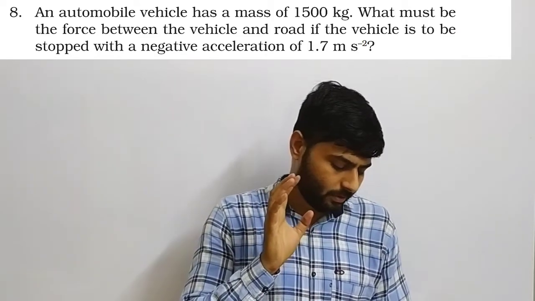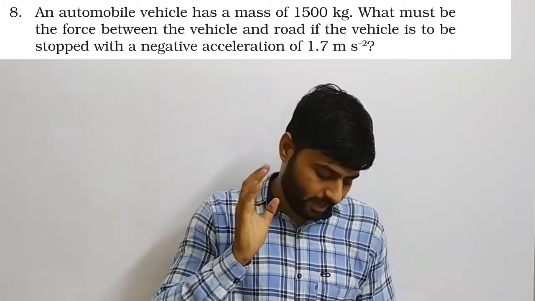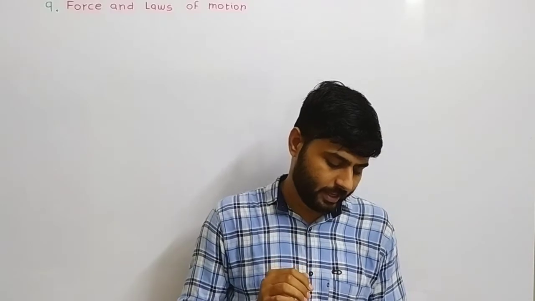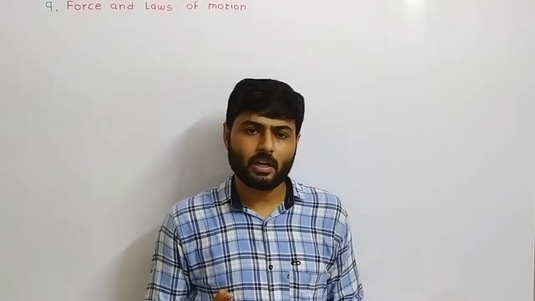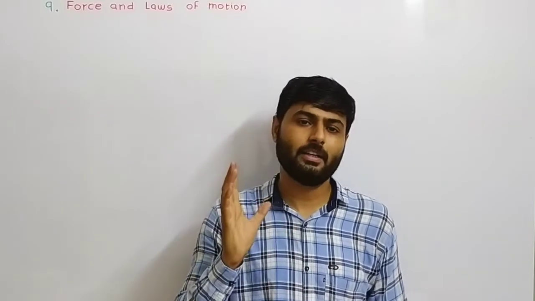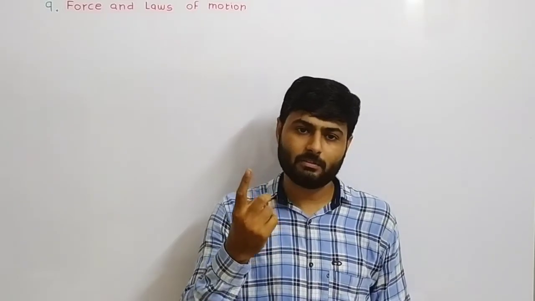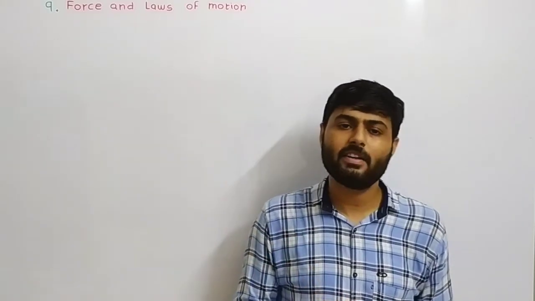We have mass, we have acceleration, and we need to find force. So you must think what the formula should be. Yes, right. The formula should be F is equal to ma, because we have mass, we have acceleration, and we have to find force. Okay, so let's first derive the given data.